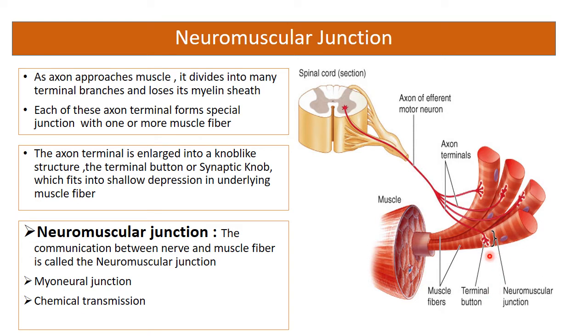So the communication between the nerve and the muscle fiber is called neuromuscular junction. This junction is also known as myoneural junction, and here the transmission is of chemical type as it is not an anatomical type junction. Here the chemical, that is the acetylcholine, transfers the information from the nerve to the muscle.